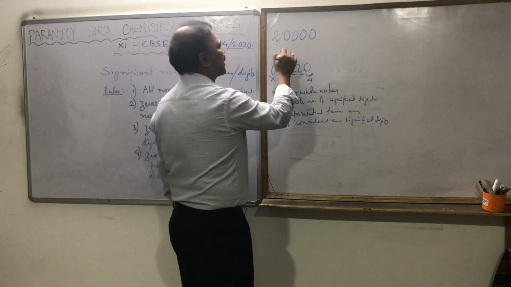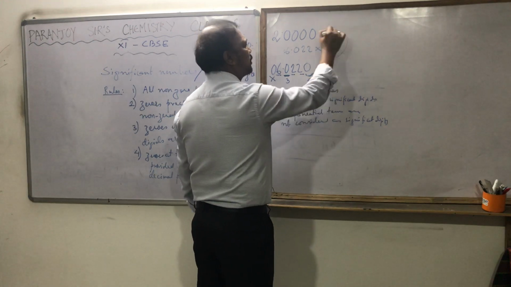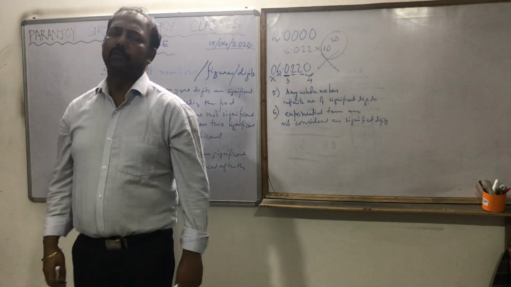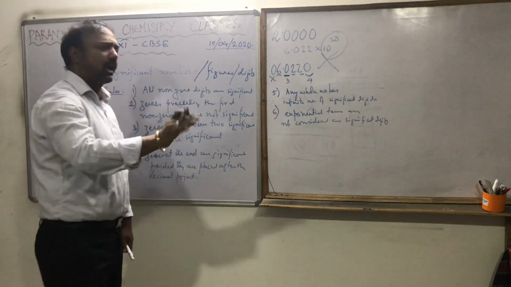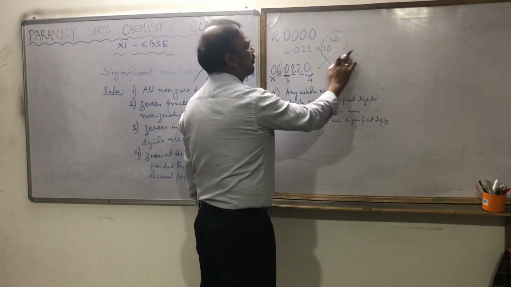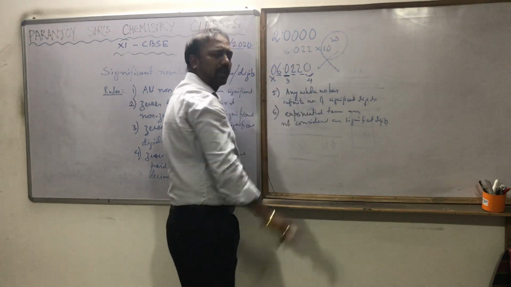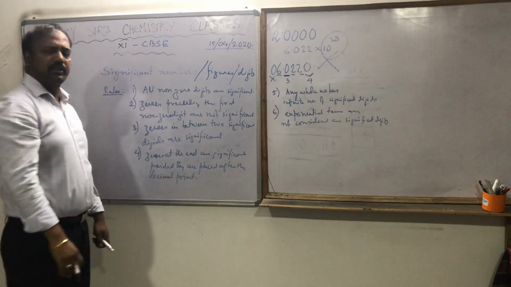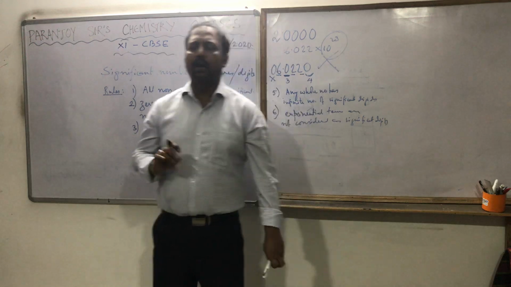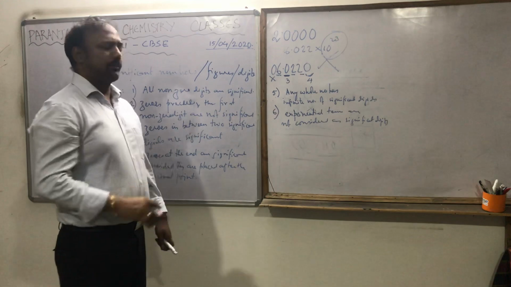I wrote 6.022 into 10 to the power 23. Anything 10 to the power x, we are not going to consider among the significant figures. So there is no count of the exponential terms in the significant figures. So if I ask you in this number how many significant figures are there, obviously you will say 1, 2, 3 and 4. Okay, 4 significant figures are there. Is it clear? So you can very nicely find how many significant figures are present in a particular number.